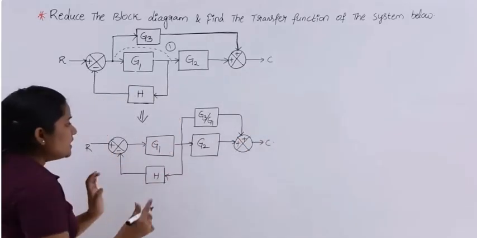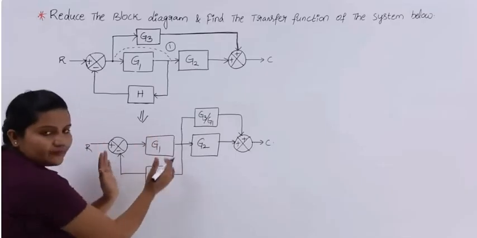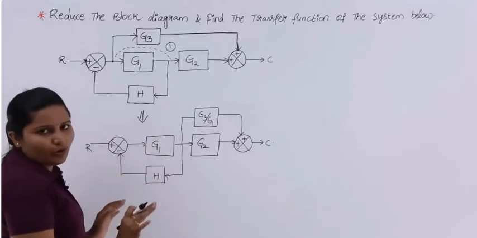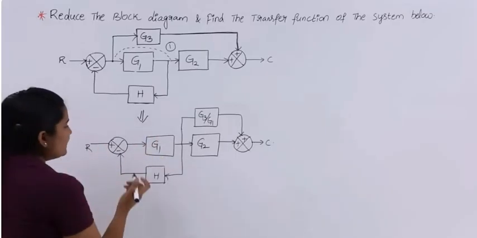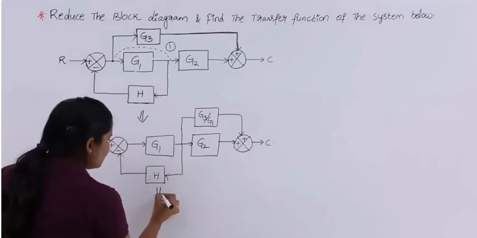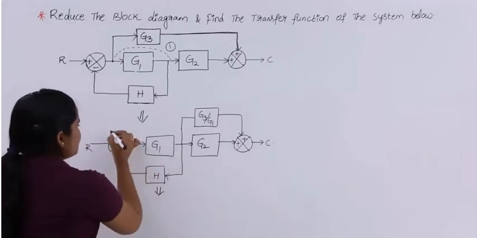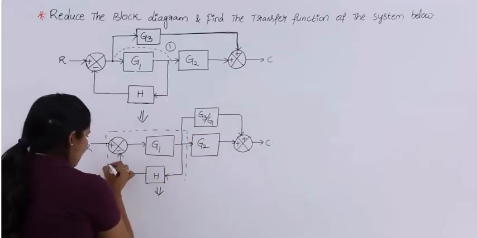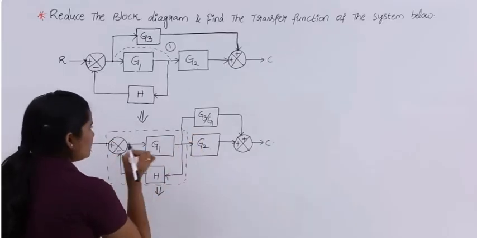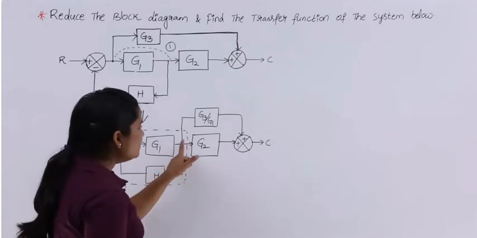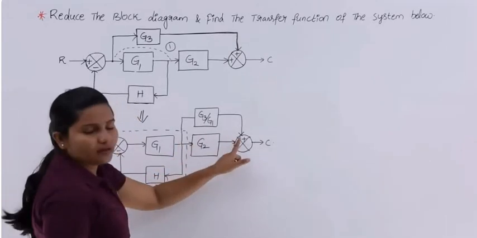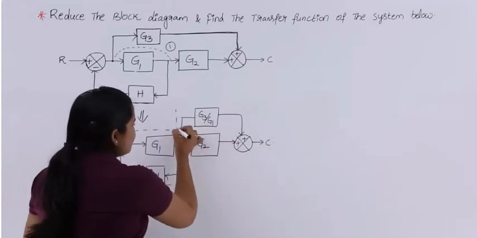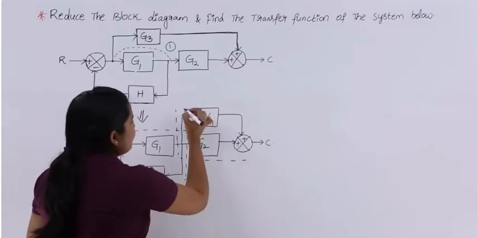So you can see now to reduce this feedback path I am not having any problem. So in the next step I am reducing this feedback path. For this feedback path I am writing like this, and here if you observe, these two are in parallel, and these two are in parallel.